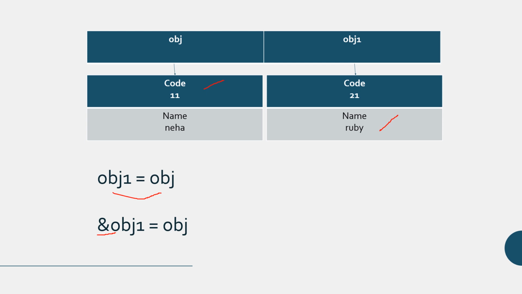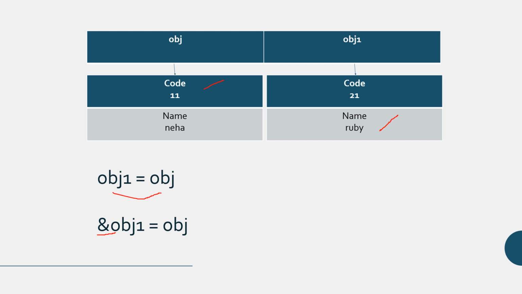But if further we change the values in obj1, suppose to a new code and the name Sita, then because of reference, whatever change you make in the object will also change in the assigned, referenced object.